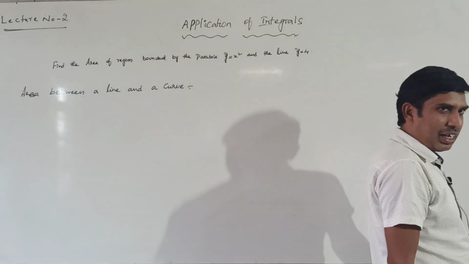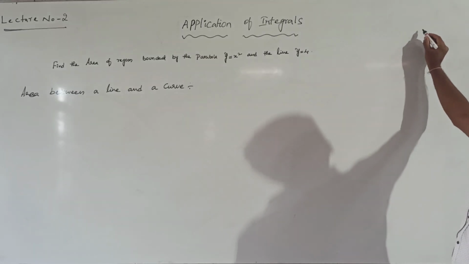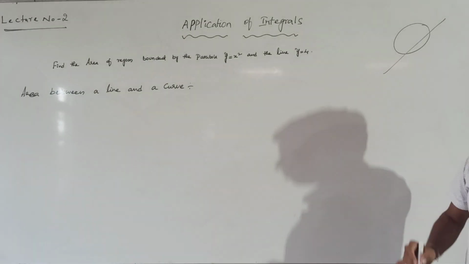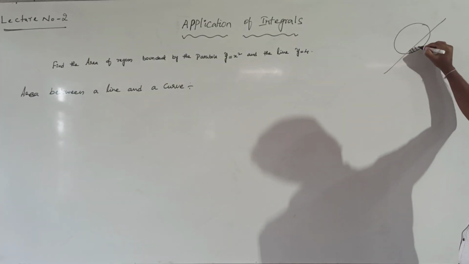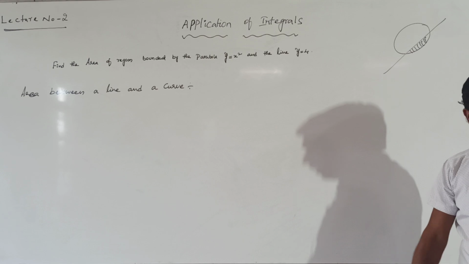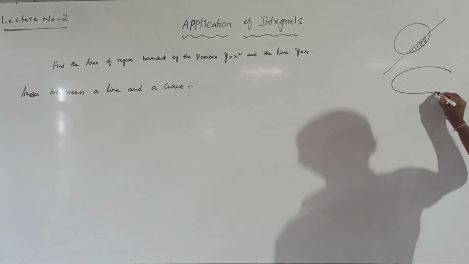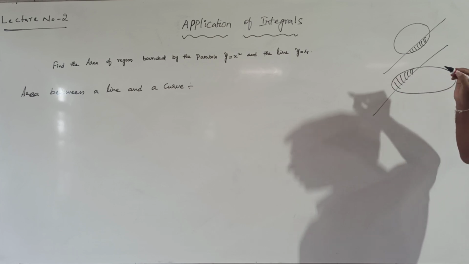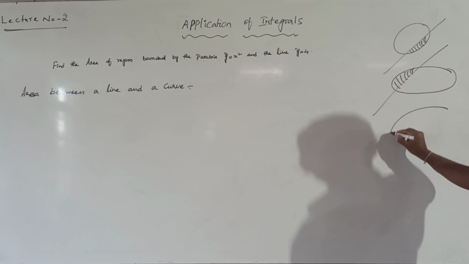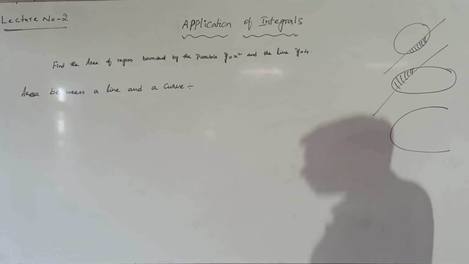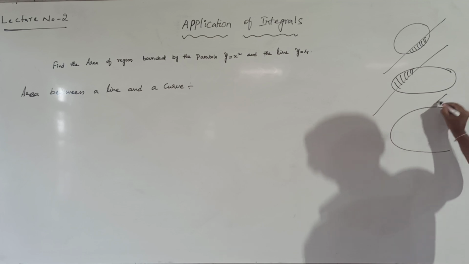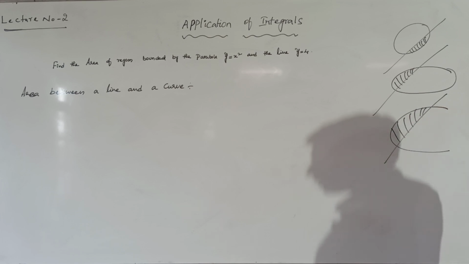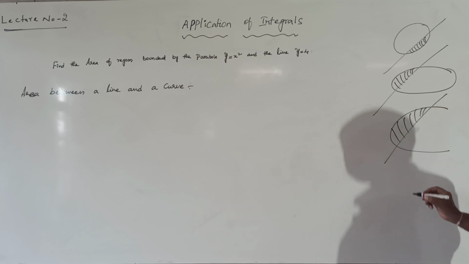Some examples we can observe. One curve equation, a circle, and one line equation, this part we have to find out. One parabola, a curve equation, and one line equation, this part we have to find out.